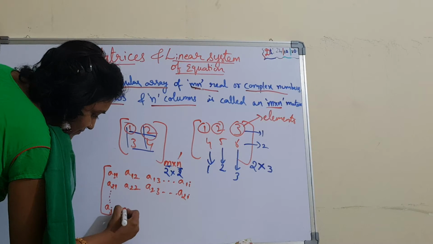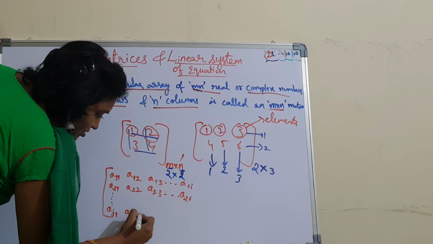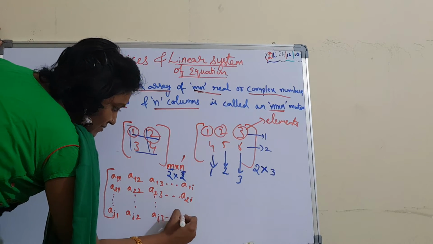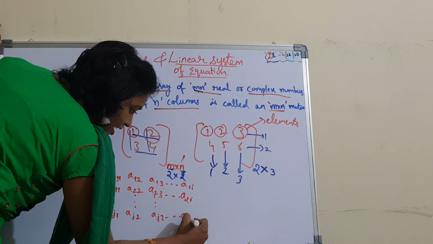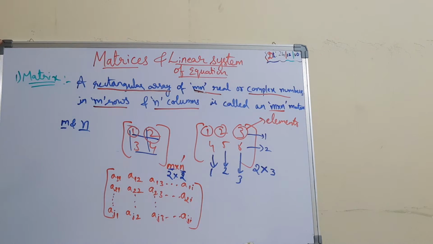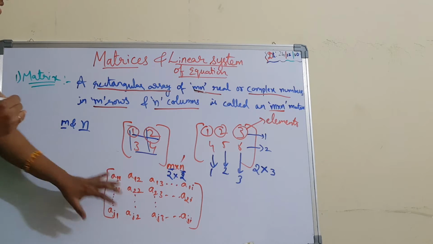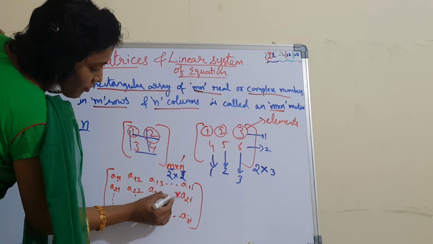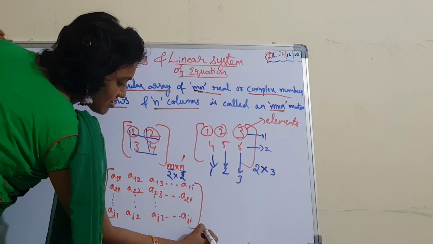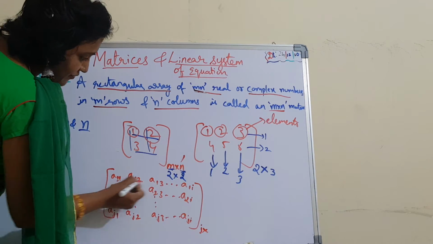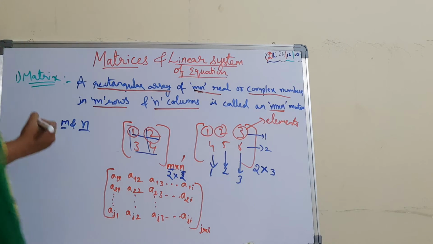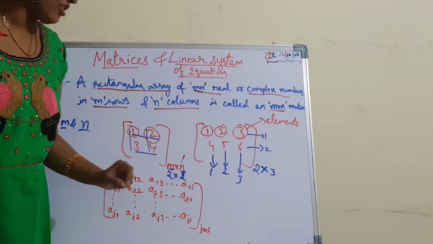Aj1, Aj2, Aj3, Aji. How many rows are there? First row, second row, so on. Here j rows and i columns. How many columns are there? i columns.